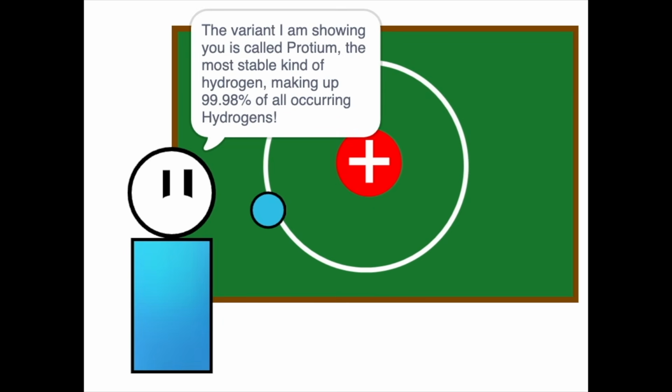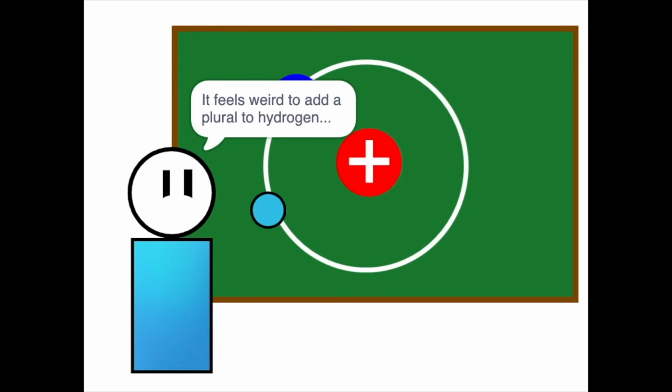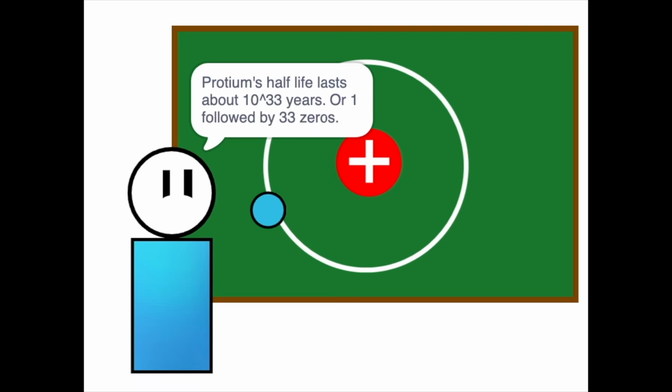The variant I am showing you is called protium, the most stable kind of hydrogen, making up 99.98% of all occurring hydrogens. It feels weird to add a plural to hydrogen. Protium's half-life lasts about 10 to the power of 33 years, or 1 followed by 33 zeros.